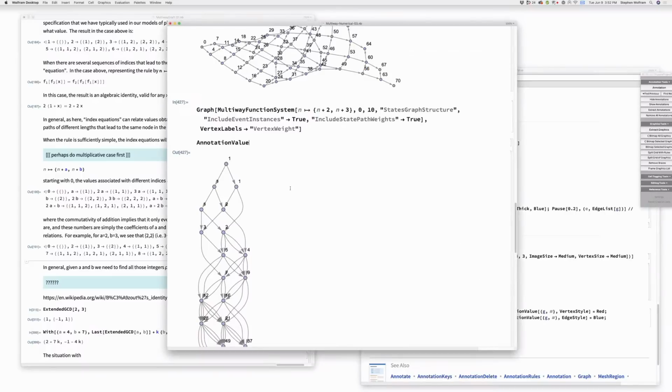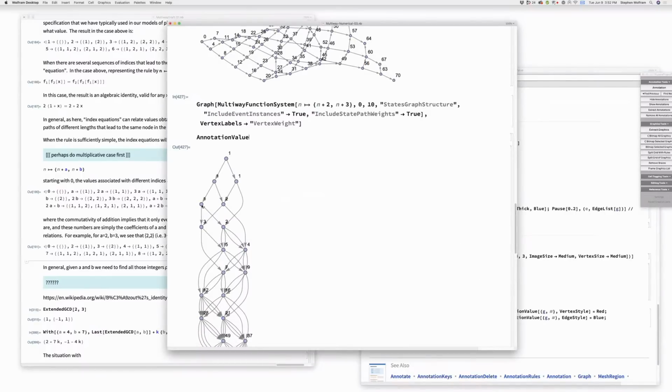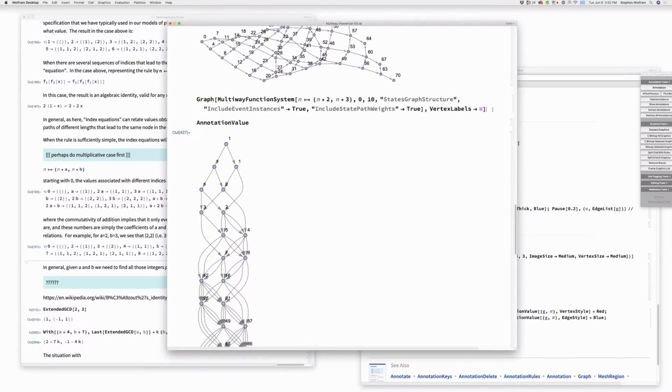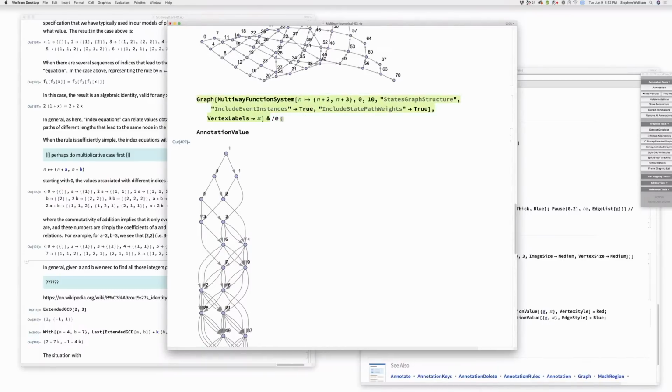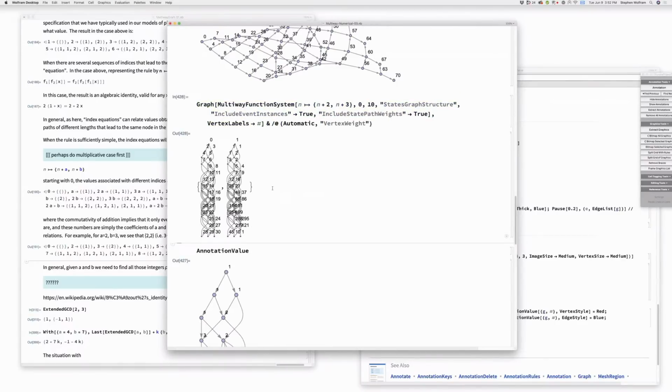All right, but in any case, let's try to understand what happened here. So these are the path weights. We don't know what that value is there. We can clearly do this. Kind of a hack, but we can clearly do this. We just map this over automatic and vertex weight, and we'll get two parallel pictures, which we need to make bigger.